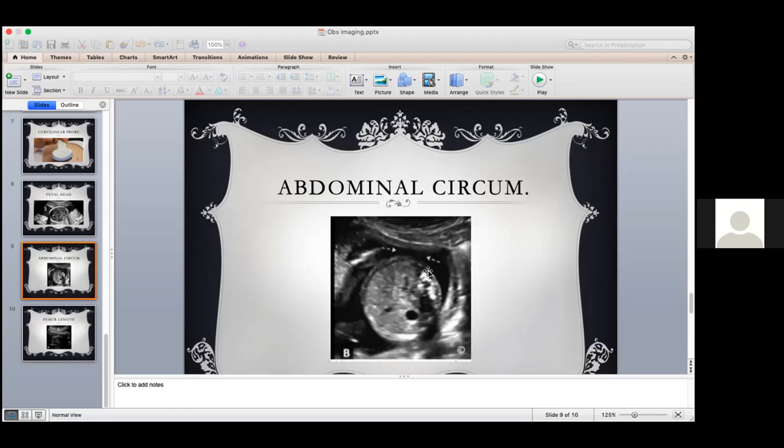And you want to be seeing the umbilical vein. It's actually a continuation of the umbilical vein into the portal vein of the fetus, into the liver of the fetus. Okay, thank you.